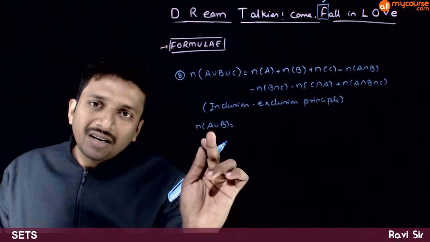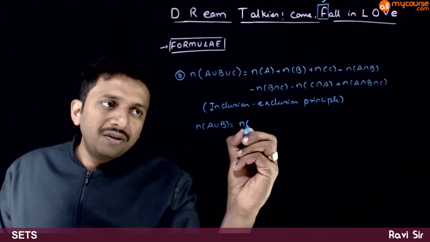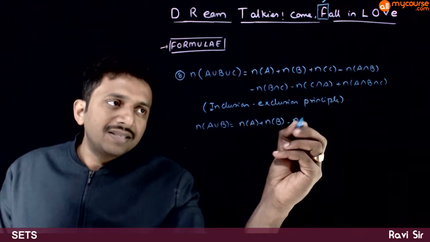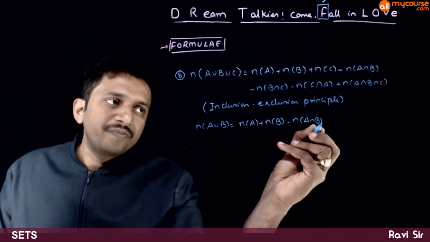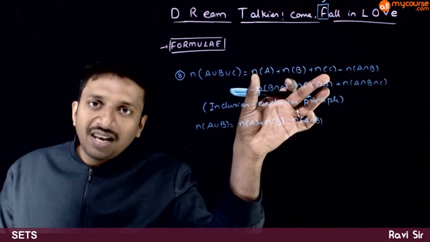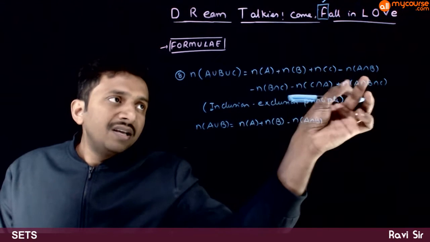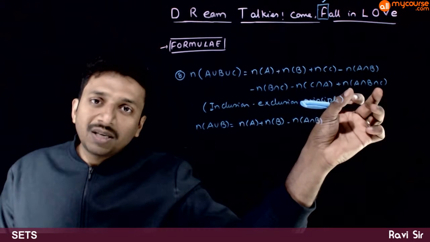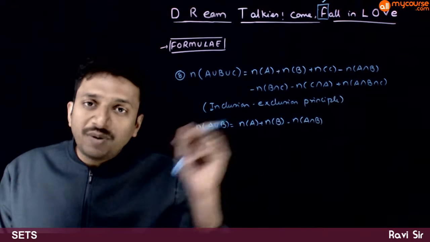When you write the union of two sets, you need to add the number of elements in individual sets minus n of the intersection. Now if you have three sets, you need to add the single set numbers, and double intersections have to be subtracted, and the triple intersection has to be added.